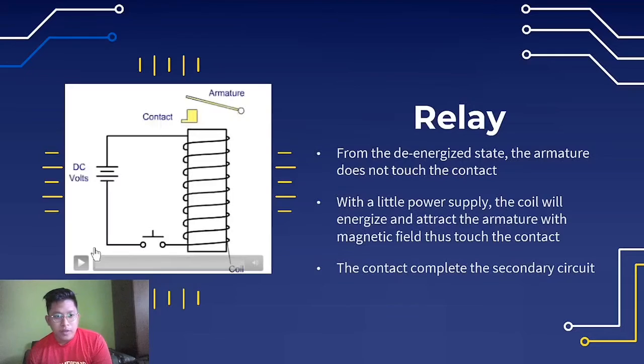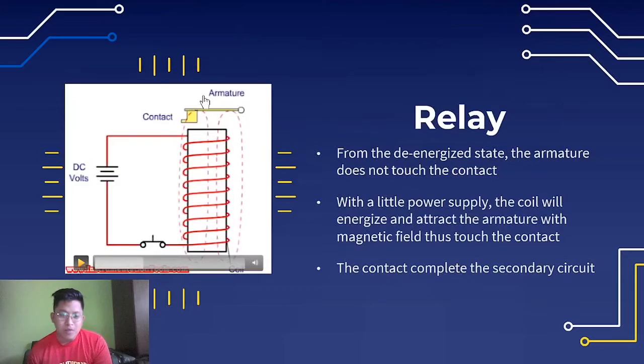When the switch is pressed, this circuit is completed, so the coil will magnetize and produce a magnetic field, thus pulling the armature to the contact. When the armature touches the contact, it will complete the secondary circuit. This is the energized state.